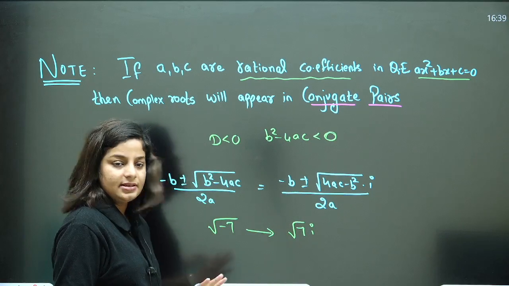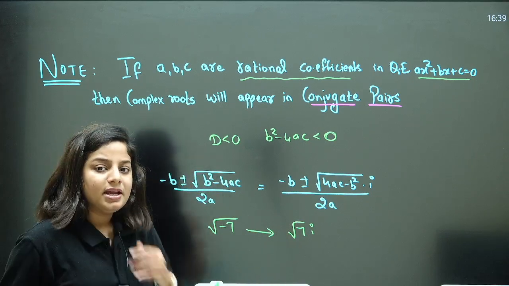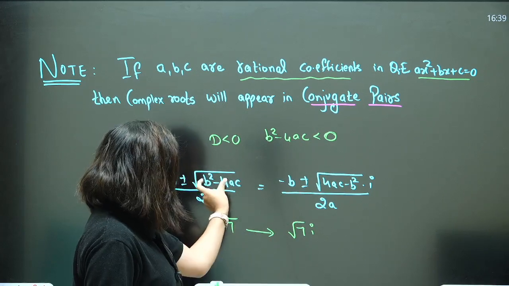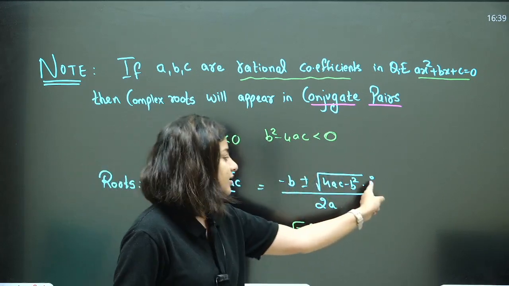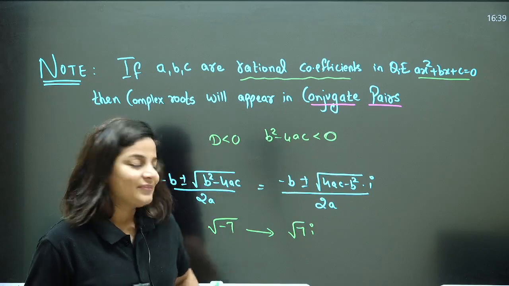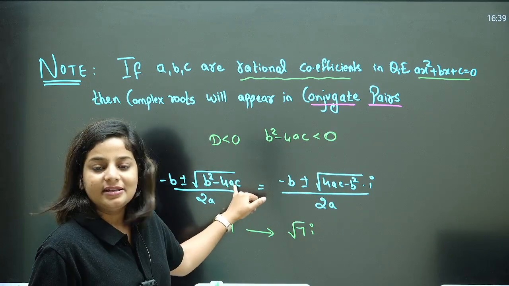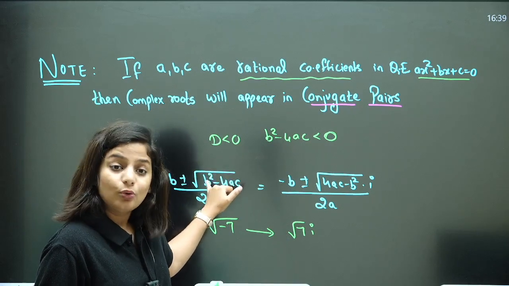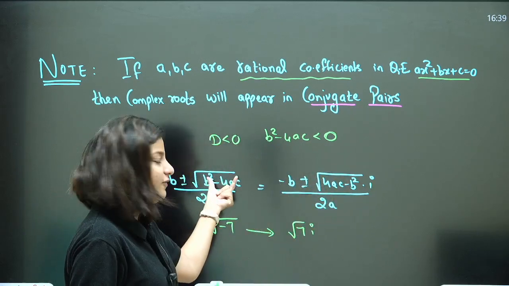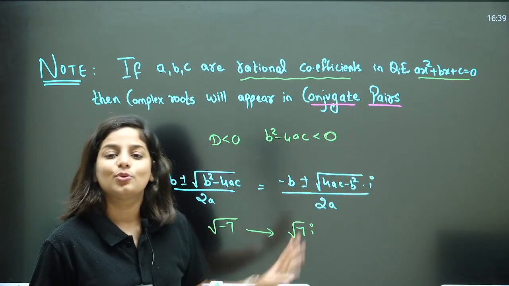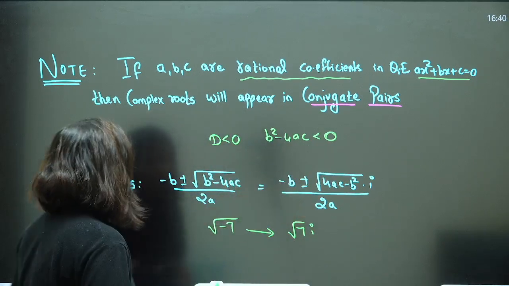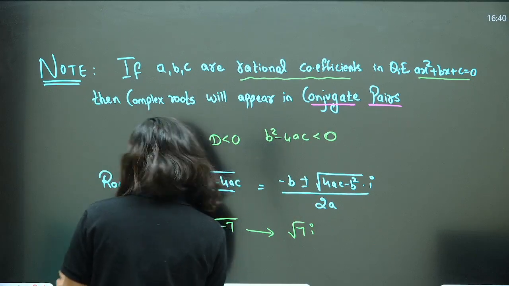Similarly, b square minus 4ac can be written as 4ac minus b square, and the negative sign inside the root is written as i. Take minus common in this: root of minus 1 is i, and after taking minus common, b square minus 4ac will become 4ac minus b square. So you can remember this formula also, isn't it? Okay, let it be.